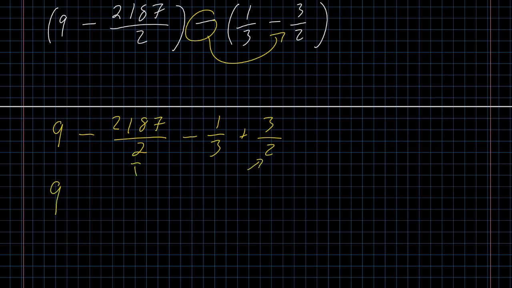But now if I combine these, negative 2,187 plus 3 is negative 2,184, which is nice because if I divide by 2, I get a whole number answer.